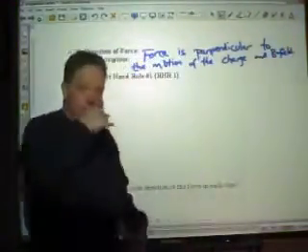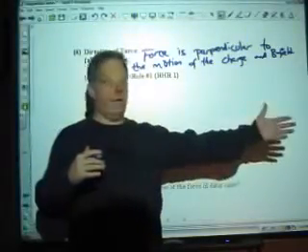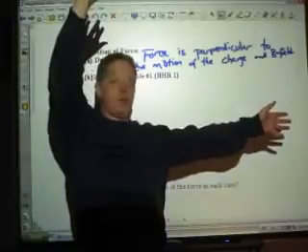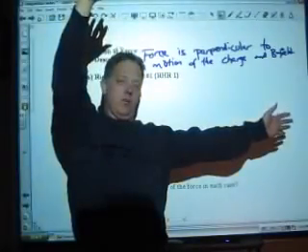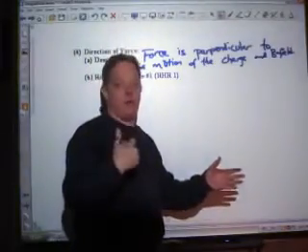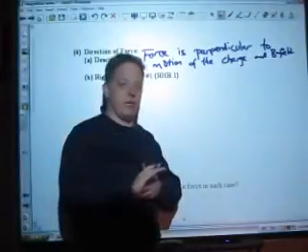So for example, if I had an electron moving to the right in a magnetic field that was pointing upward, my force would be perpendicular to that. And the only things that are perpendicular to that are out of the page towards you or into the page away from you. We have to determine which of those two things is right.